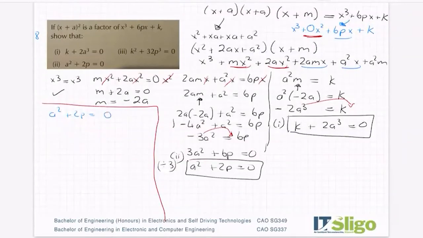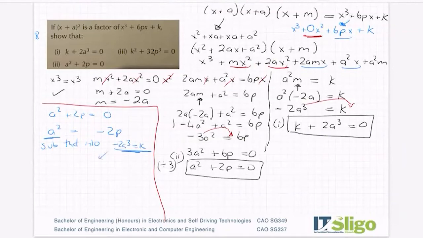A squared is equal to minus 2p. Okay, that should be okay. So a squared is equal to minus 2p. Okay, and then sub that one into minus 2a cubed is equal to k. Okay, and I'm subbing it in for a squared.